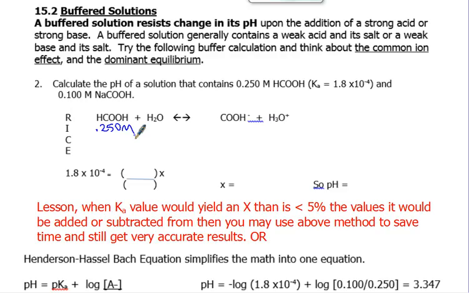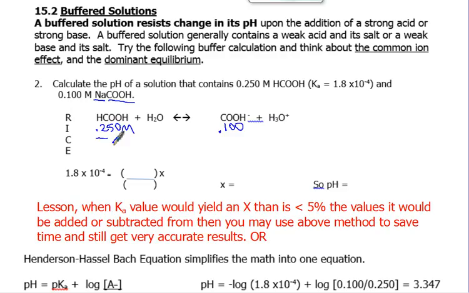All right. Do we have any COO-? 0.1 from the question. This is sodium formate. That's what COO- is. And so there's 0.1 molar formate from the sodium formate there.